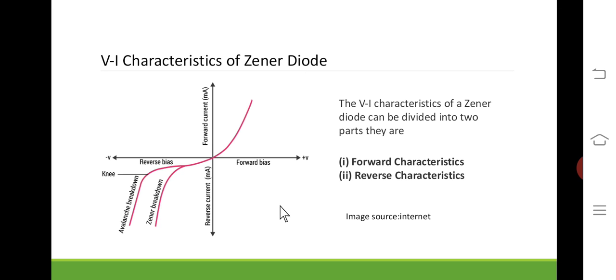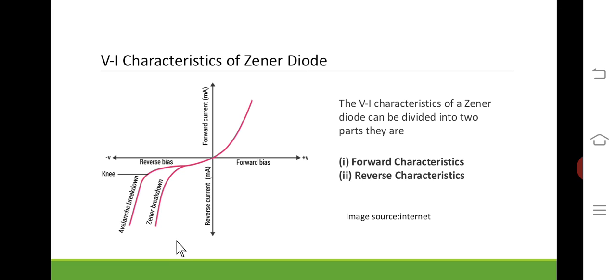But in this PN junction, the reverse current is very sharp, and this reverse current is controlled by the external resistance connected in series with the junction.